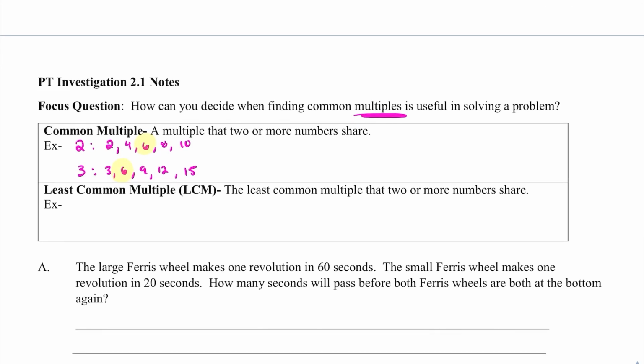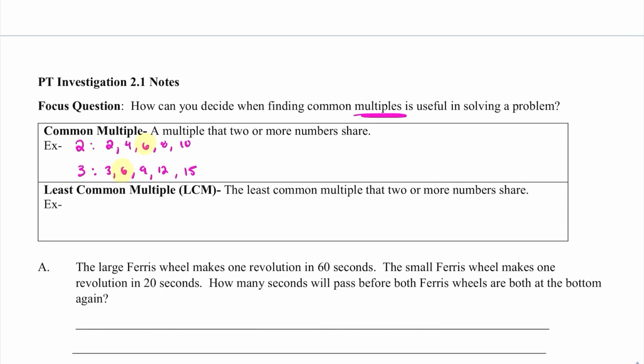Now I'm going to talk about the main part of this lesson, where we are trying to find the least common multiple. The definition says that the least common multiple is the least common multiple that two or more numbers share. You already know what a common multiple is, right?